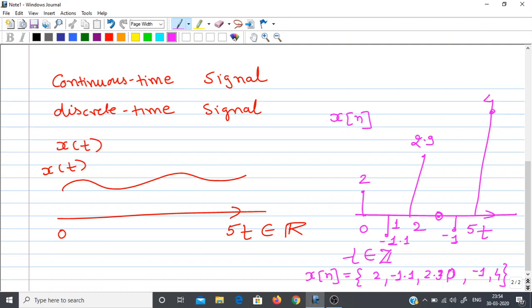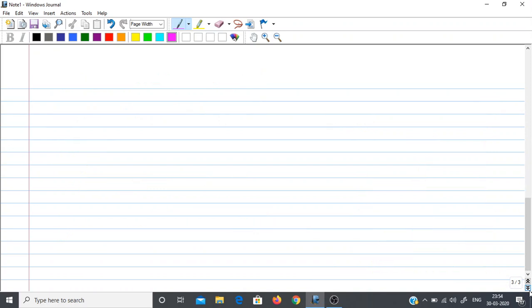But there are certain popular transforms which are used, and which transform should be used depends upon the application. Today I will also list down some important transforms, the popular transforms which are used for continuous time signal and discrete time signal.